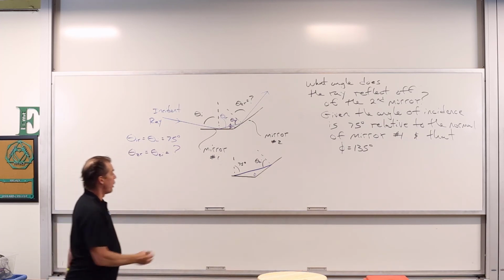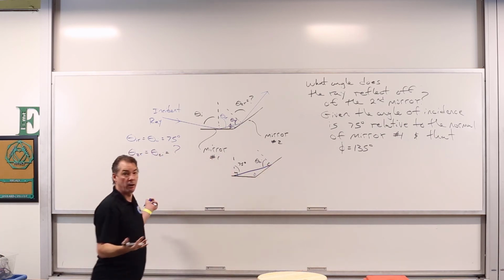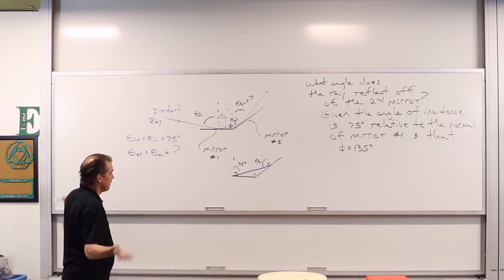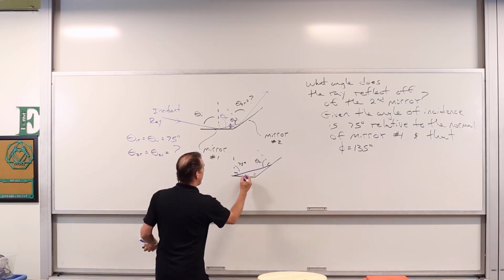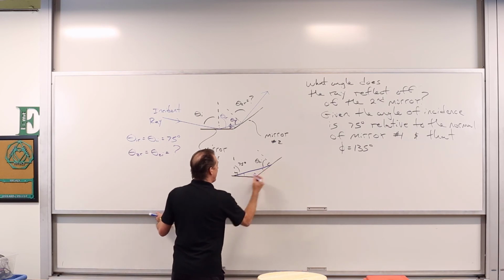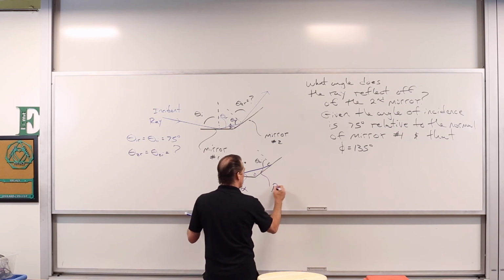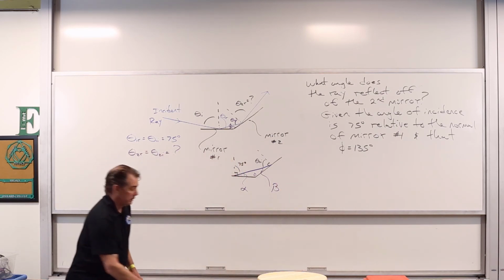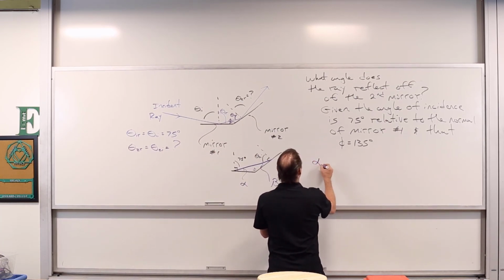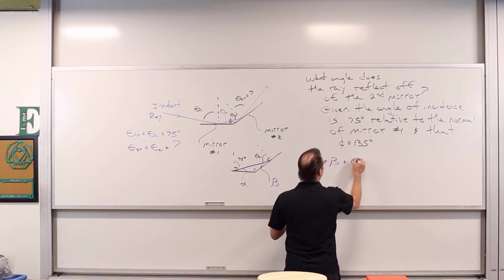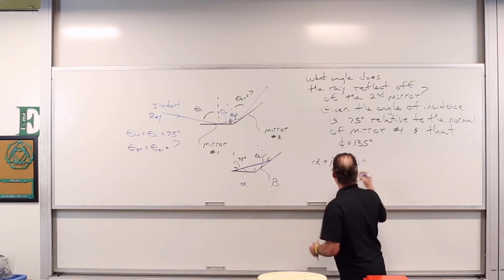One thing we should note is that the normals make 90 degree angles with respect to their surfaces, right? That's what normal is defined by. So we can define a couple other angles. Let's call this one alpha, and let's call this one beta. We must have alpha plus beta plus phi equal to, well, how many degrees are in a triangle? 180, that's right.